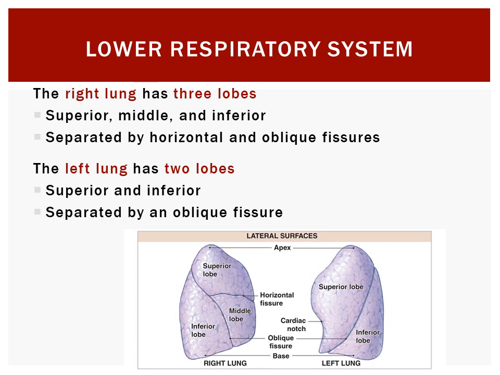The right lung has 3 lobes, which are the superior lobe, middle lobe, and inferior lobe. The lobes are separated by the horizontal fissure and oblique fissure. But the left lung has 2 lobes, the superior and inferior lobes, separated by an oblique fissure.